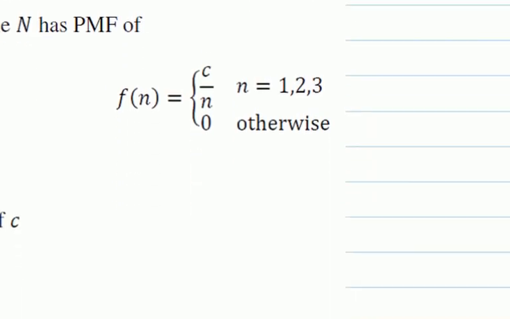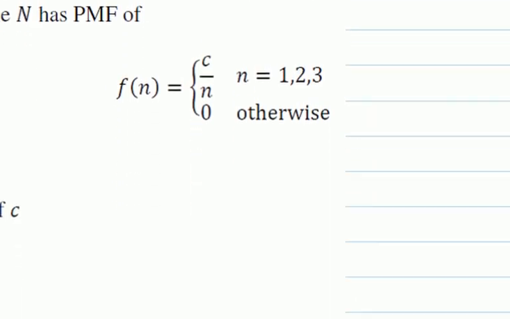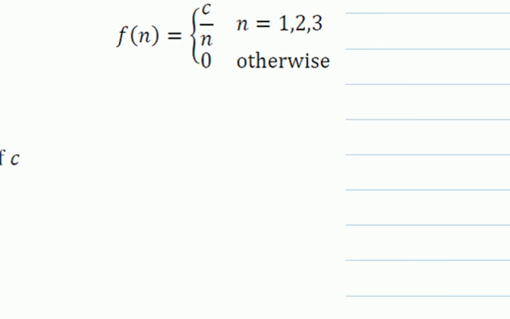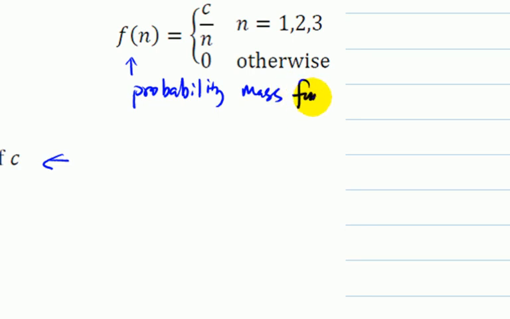The last question is a random variable, which is a discrete random variable here. I think maybe the trickiest part is calculating the value of c here, and this is our definition, very simple. To calculate the value of c, you have to understand this represents the probability mass function, which we use for a discrete random variable.